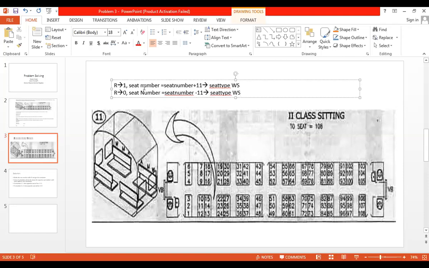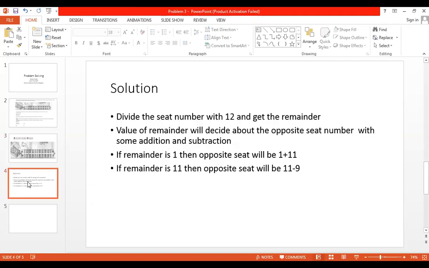So there will be different cases for different remainders. And to solve this, we will be using the switch case. We can also use the if else if ladder, but we will be using the switch case. It is your choice which conditional statement you want to use. So the solution is to divide the seat number by 12 and get the remainder.